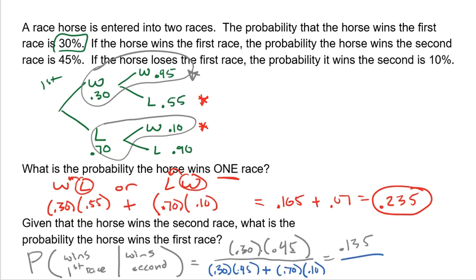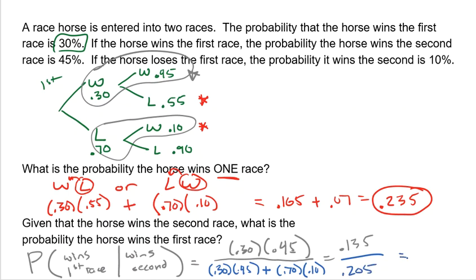Now, first, please, a little note of algebra. Don't you dare try to cancel the 0.3s and 0.45s. If you learn anything from pre-calc, you cannot cancel through addition like that. Sorry, you got to do them separate. So I already did the numerator. Let me do the denominator. 0.3 times 0.45 plus 0.7 times 0.1 is 0.205.